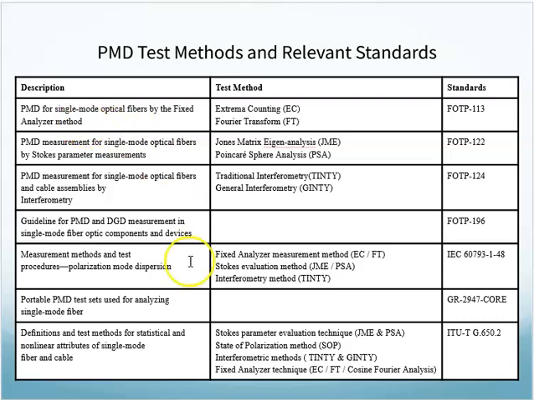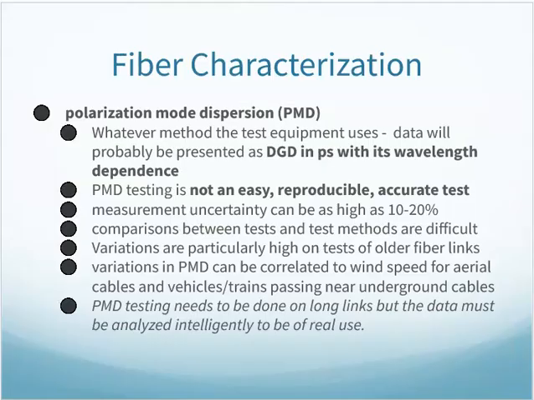And then here's a bunch of different methods to test for polarization mode dispersion. They talked about there being a number of different tests. Some of them are kind of uncertain, and they're saying some of these might not be too reliable, but it's still worthwhile to test because they're still getting information out of it, and they're learning more as they go too.